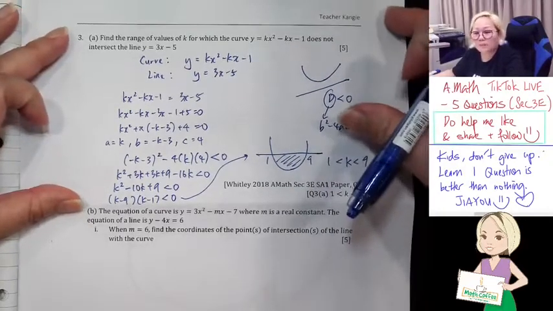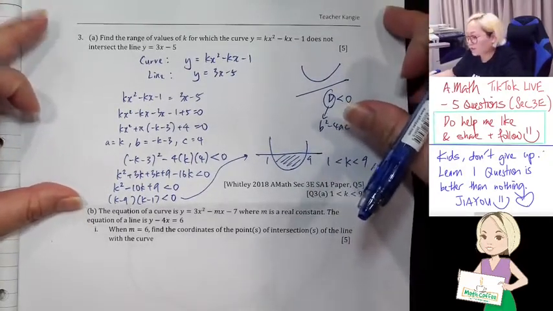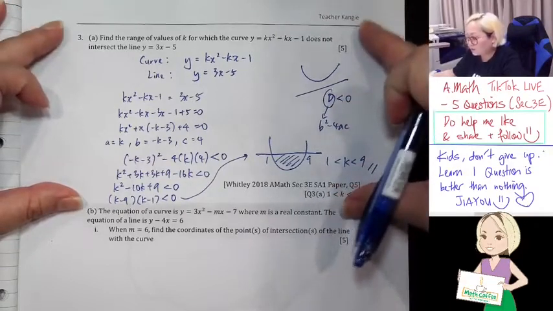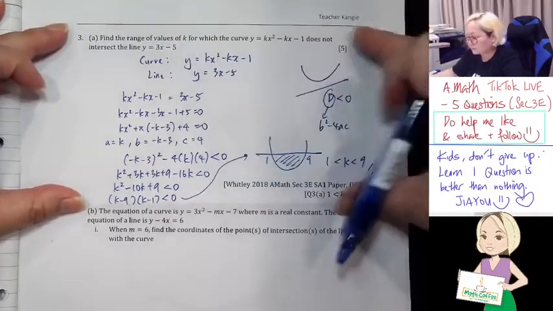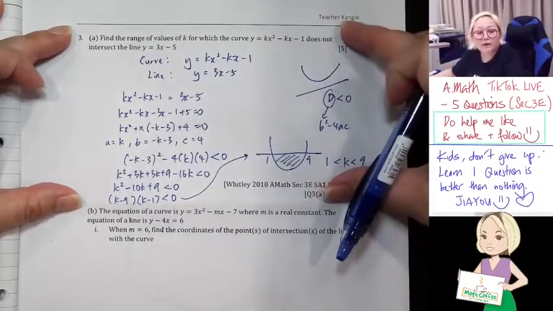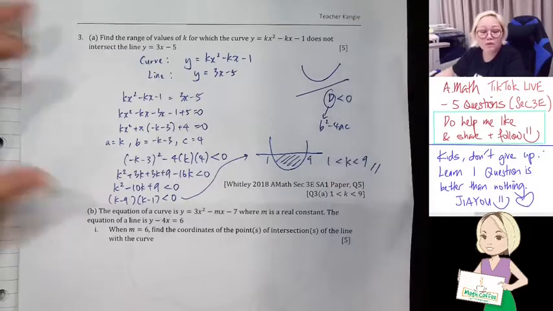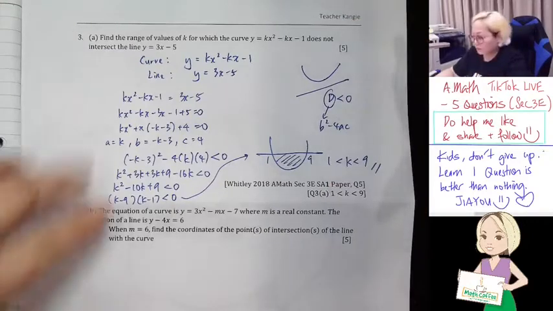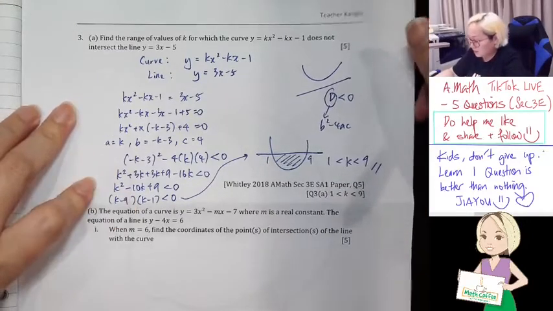So maybe Michelle, can you take note? Michelle and Sam, okay, can you take note of this question 3A? Help me to cut out this video segment, and then after that we're going to post under my TikTok. Can? Okay.